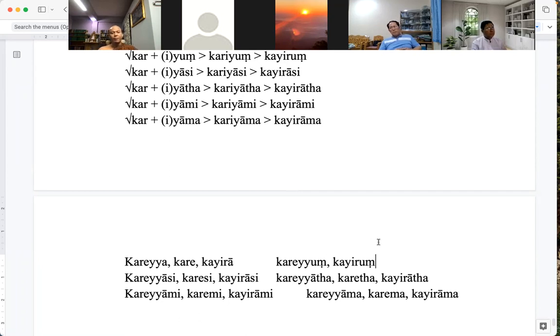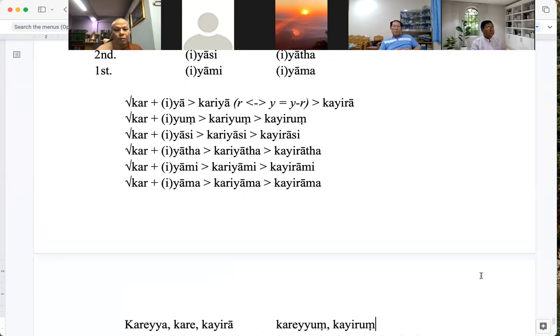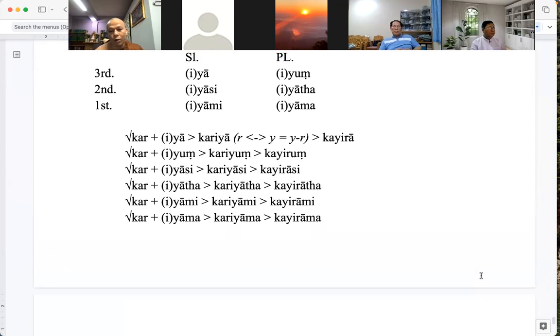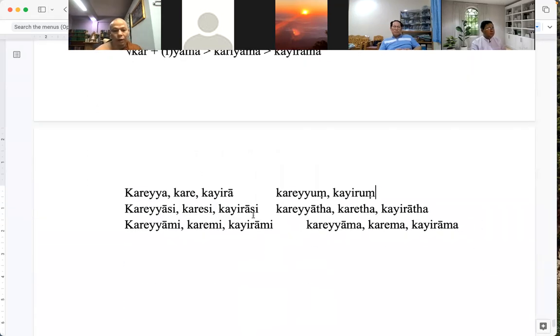So, okay, if no more questions, I will continue to the next, because root as is more complicated than the root gar. That is why, if you are clear in forming root gar irregularly, then you can understand.